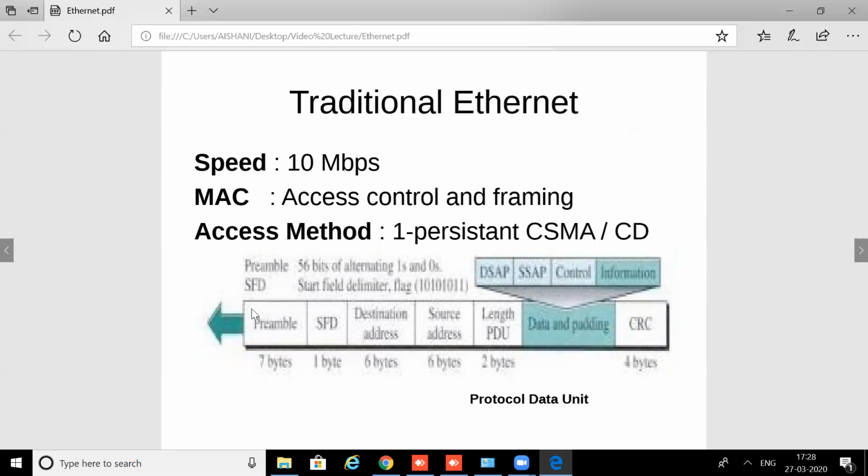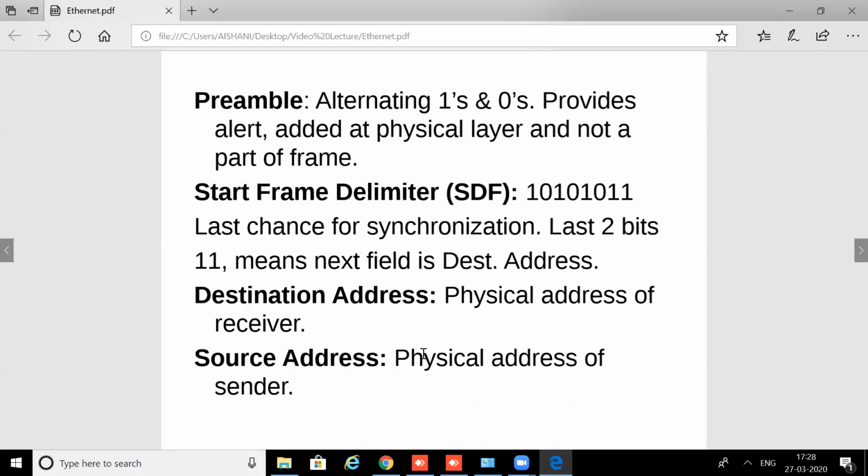So these two portions are added in the physical layer, and from the destination address field, the data link layer portion starts. Ethernet is a data link layer protocol, and the data link layer handles MAC addressing, or physical addressing. So the destination address and source address are the MAC addresses, each of 6 bytes.